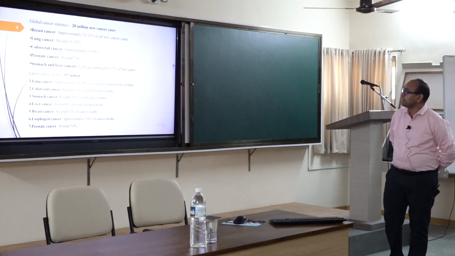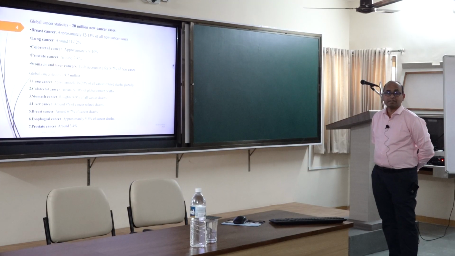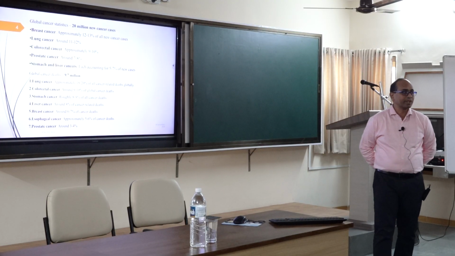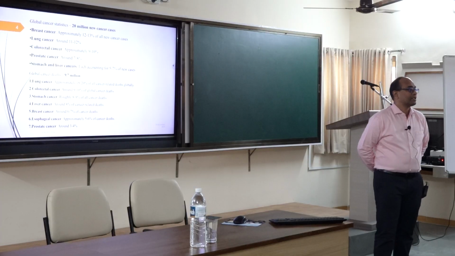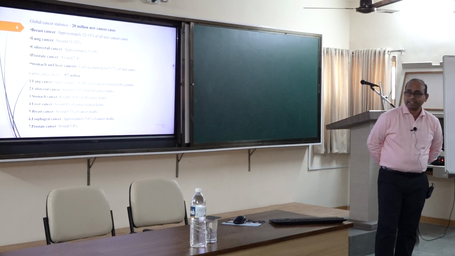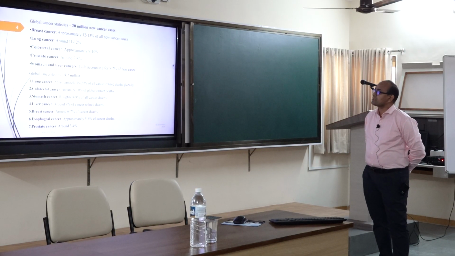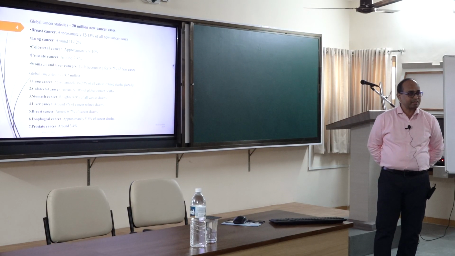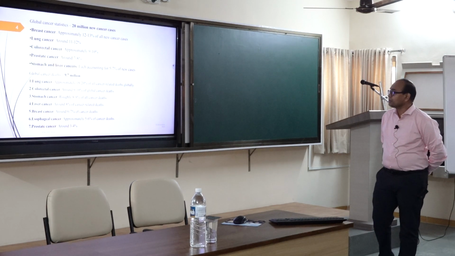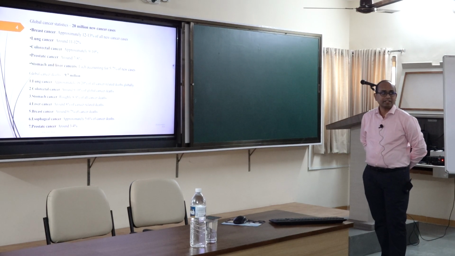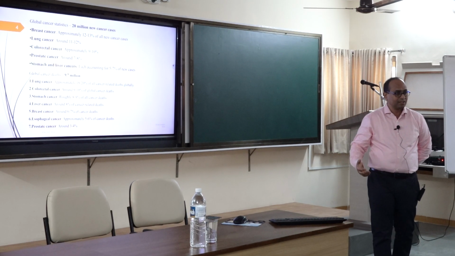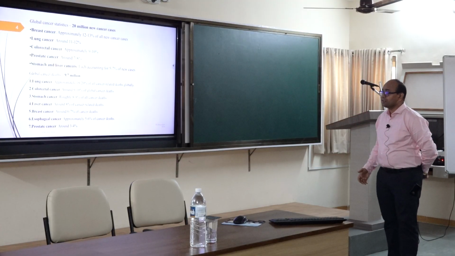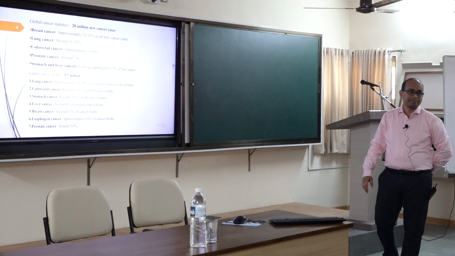If you see the details, for breast cancer the number of new cases is higher. Almost 12 to 30% of the new cancer cases are related to breast. Then comes lung cancer, colorectal cancer, prostate, stomach and liver cancers. Now coming to the number of deaths, the top one is lung cancer.